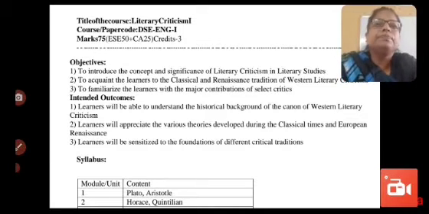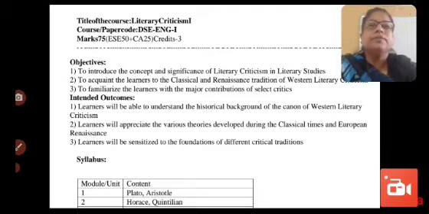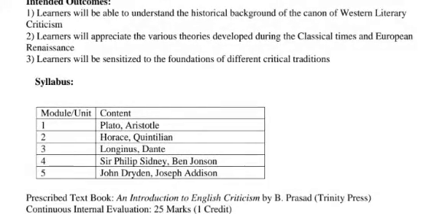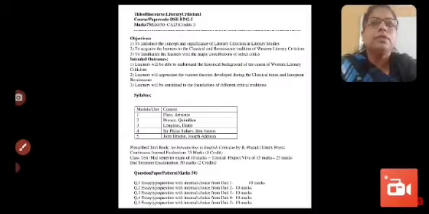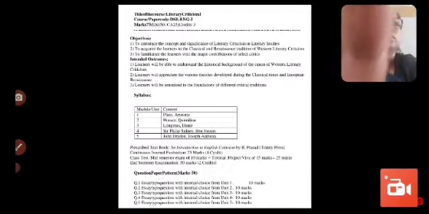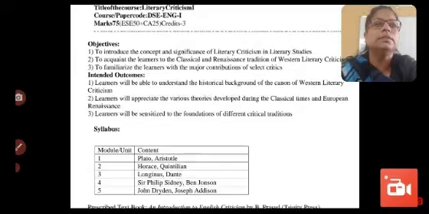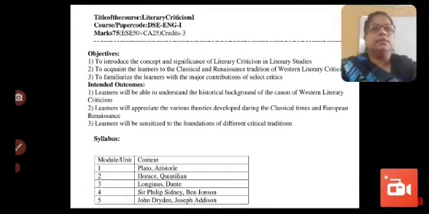So this is Literary Criticism 1, and here are the objectives of this paper. The first is to introduce the concept and significance of literary criticism in literary studies.